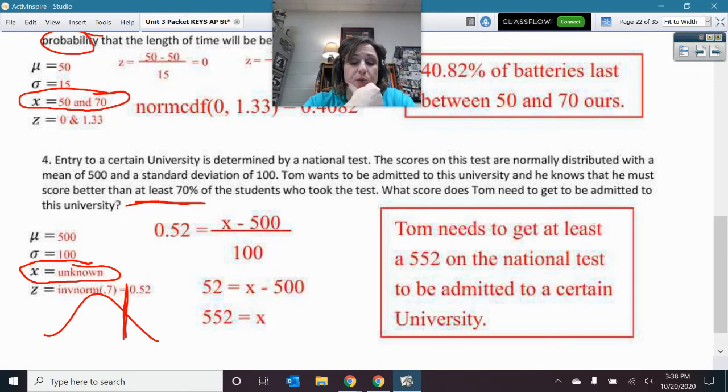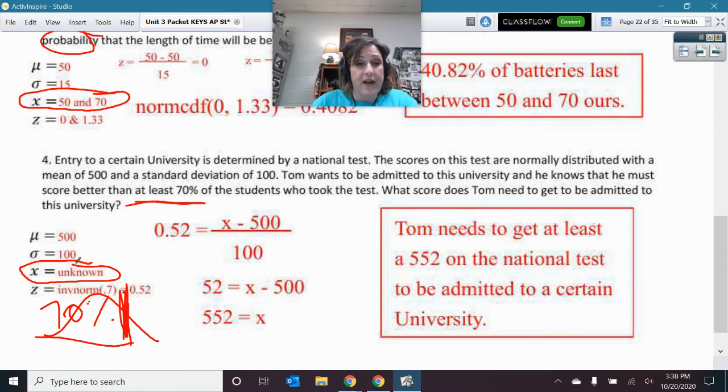Okay, so he wants to be in this location here so that he is above 70% of the data. So that's why I inverse normed 0.70. So that put my z-score at 0.52. I then solved and see he needs 552 on that national test.